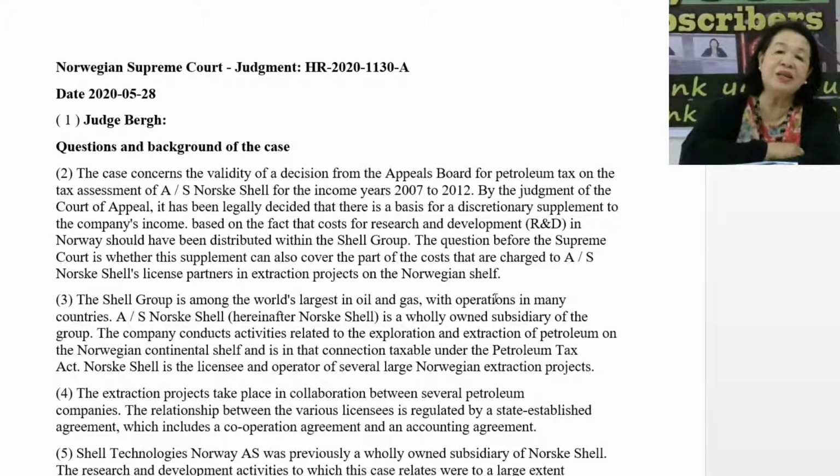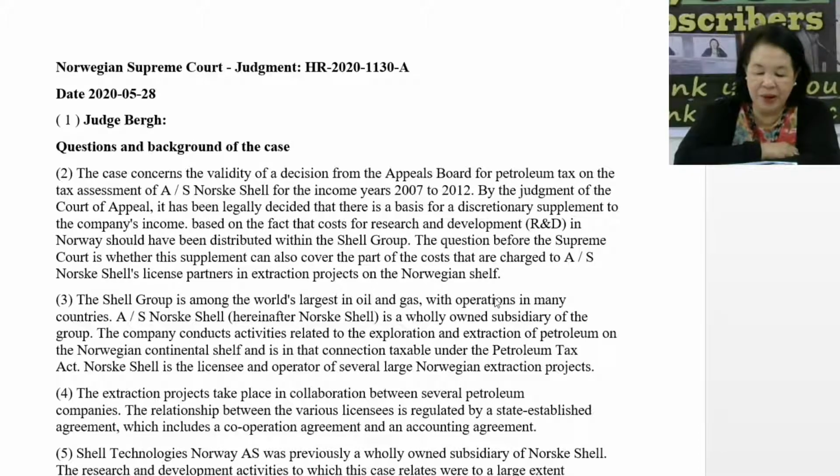That's why when I make a transfer pricing analysis, I always ask the client to describe even their milestone, their mission and vision, all about the company. You have to be very specific. The Shell Group is among the world's largest in oil and gas, with operations in many countries. AS Norske Shell, hereinafter Norske Shell, is a wholly owned subsidiary of the group.